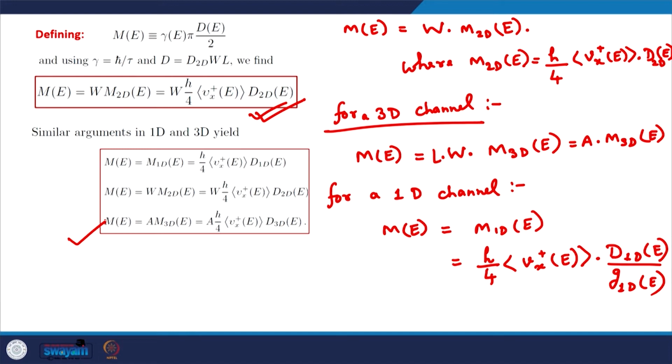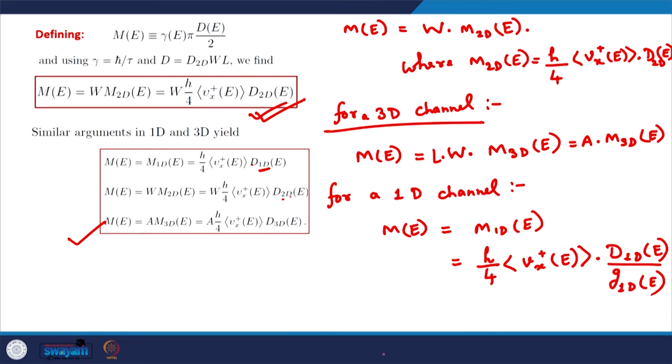So, this is what we finally obtain. Here D with subscript 1D is the density of states in a 1D channel, D subscript 2D is the density of states in a 2D channel, and D subscript 3D is the density of states in a 3D channel.